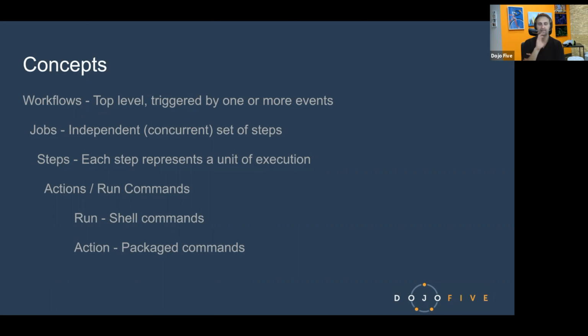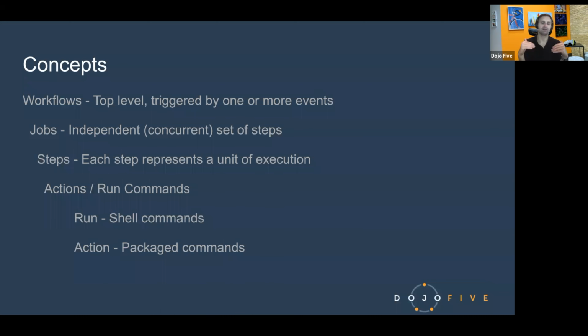All of the CI providers out there have their own little flavor of how these things work. In GitHub, the way they've organized their thoughts is into something called workflows. A workflow is like a top level recipe for how you're going to do some amount of automation. It's triggered by one or more events that can kick off the recipe. And then that triggers something called jobs.